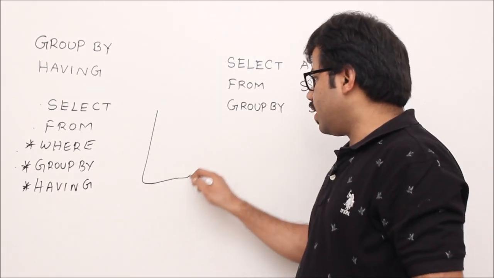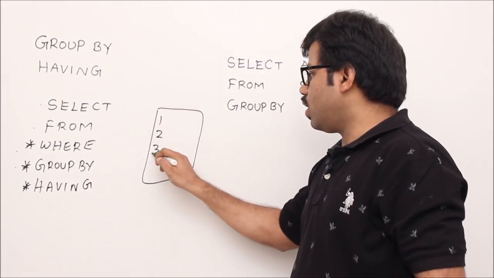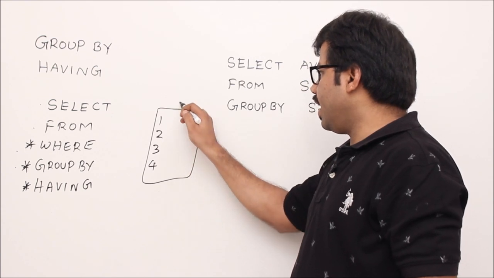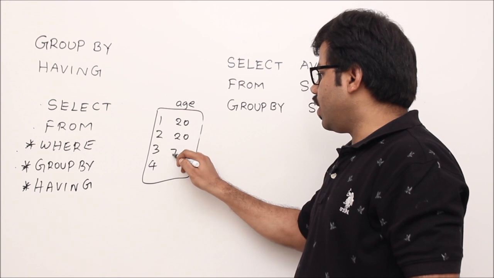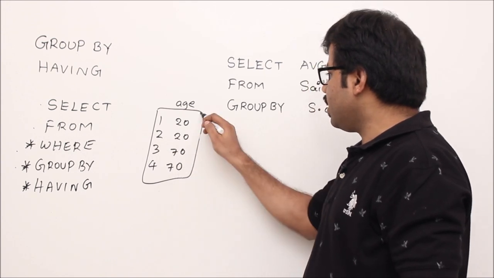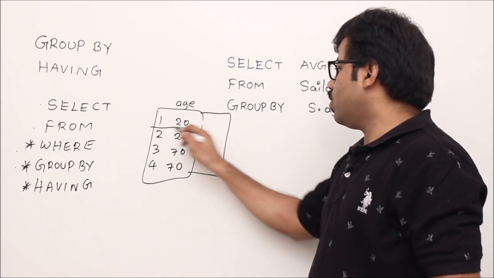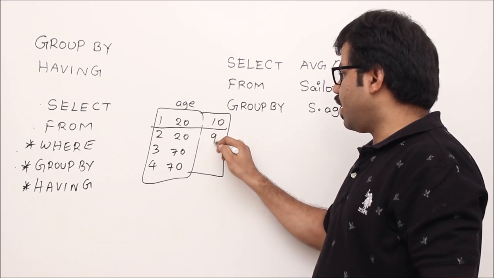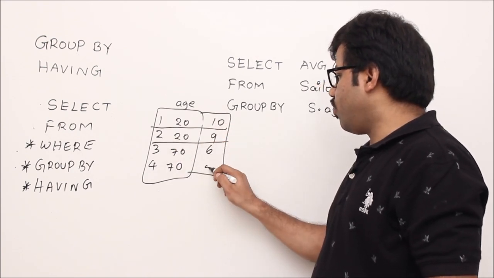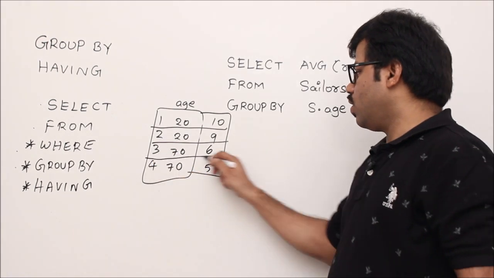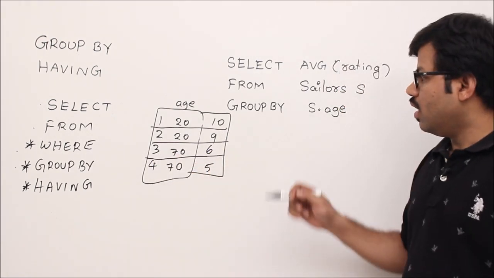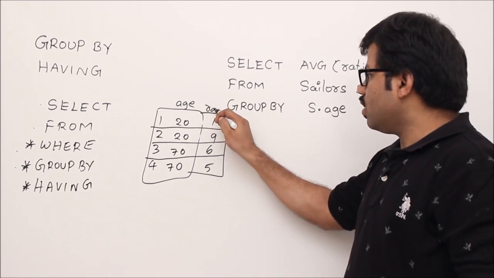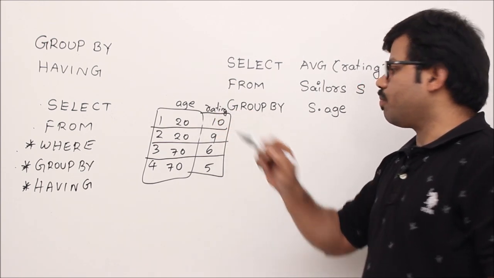Example, consider this data. There are 4 people, 1, 2, 3, 4, and the sailors' age values are like this: 20, 20 and 70, 70. The ratings are, let's say, something around rating 10, rating 9, and rating 6, rating 5. Now see here, old people are having lesser ratings, correct? Now I want to find out the highest rating for every group.